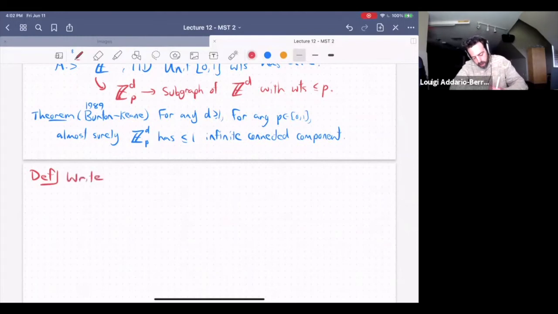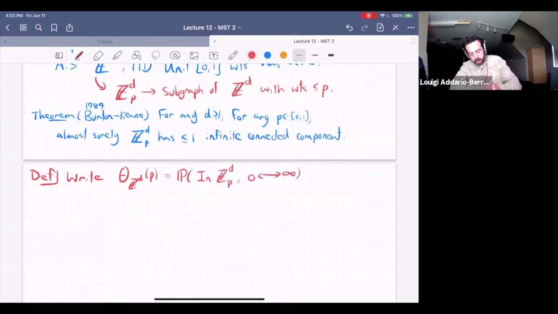In the Euclidean setting, I'm going to write theta, indexed with the graph Z^d_p, for the probability that in this graph, the origin is connected to infinity. By which I mean that the component containing the origin has infinitely many vertices. Okay, this is handy notation in general.